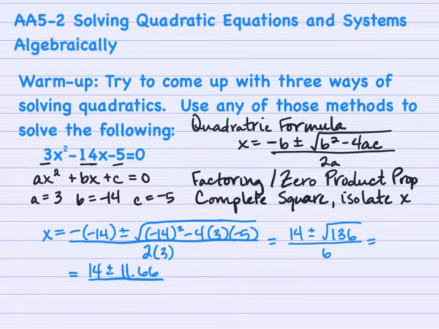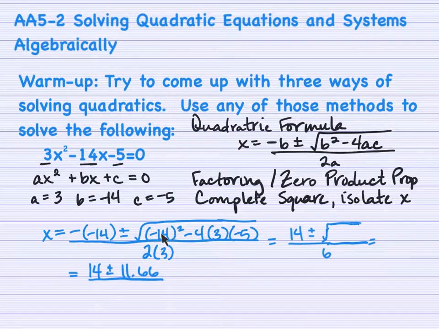Okay, I figured it out. Back here at the 136, because I was not using my graphing calculator, that is not 136. What I had done to get the 136 was I had taken negative 14 squared, which is 196, and I had subtracted 4 times 3 times 5, and I had neglected that double negative.